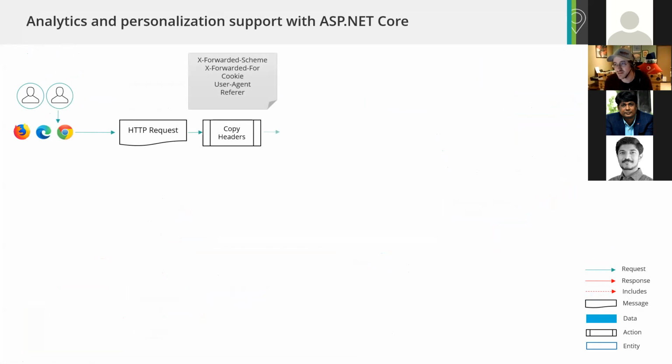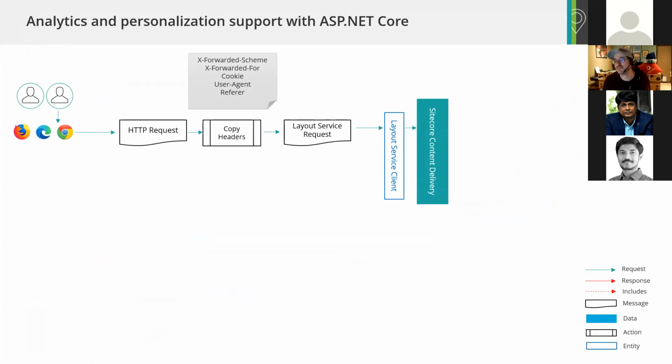Happening within this process, but modeled separately here to keep the diagram understandable, is support for analytics and personalization. So again, that incoming HTTP request is going to ultimately get mapped to a request to the layout service. And as part of that, if you enable tracking support, it's actually going to copy over some headers from that HTTP request.